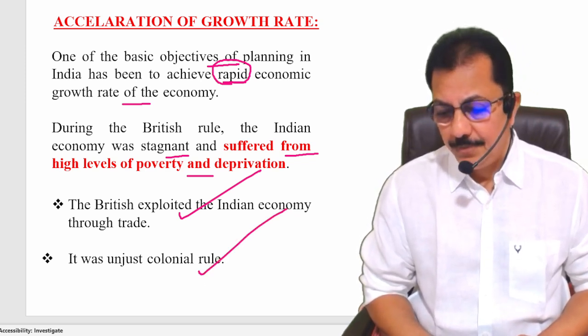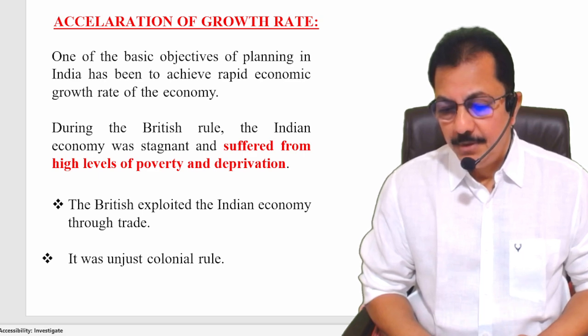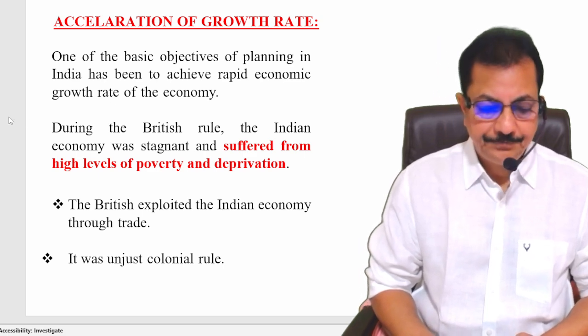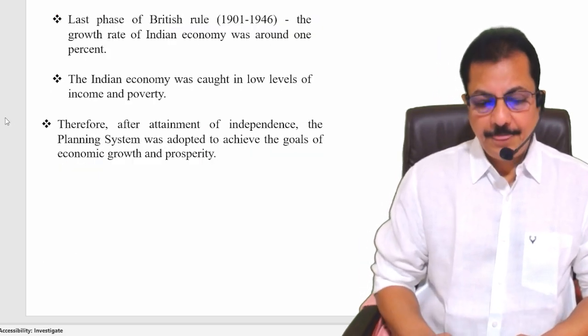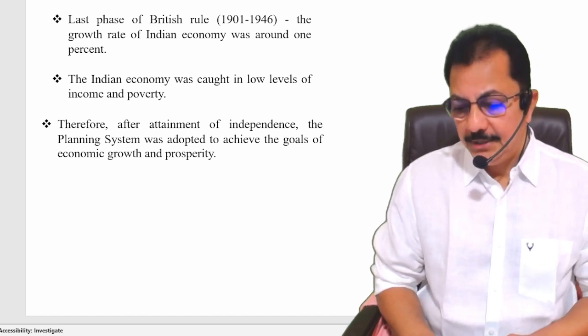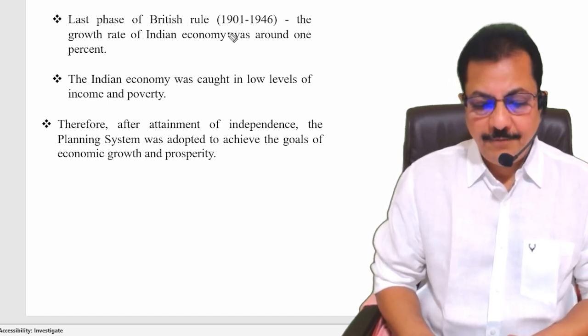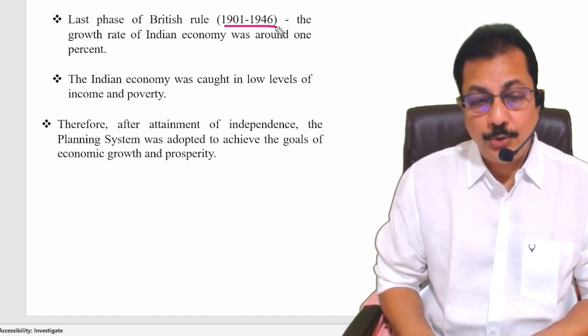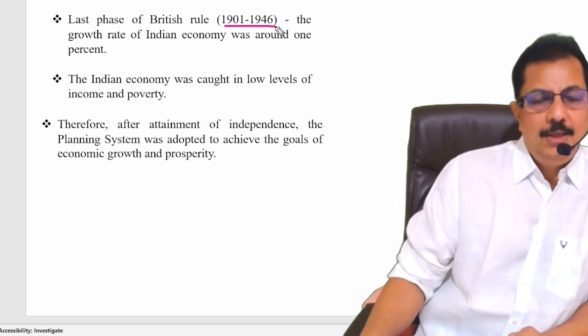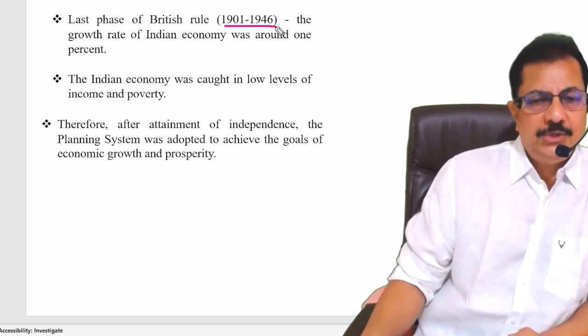Right? Next, let's go ahead. Look at this. So when you look at the last phase of British rule, that is 1901 to 1946, our freedom movement was in full swing.